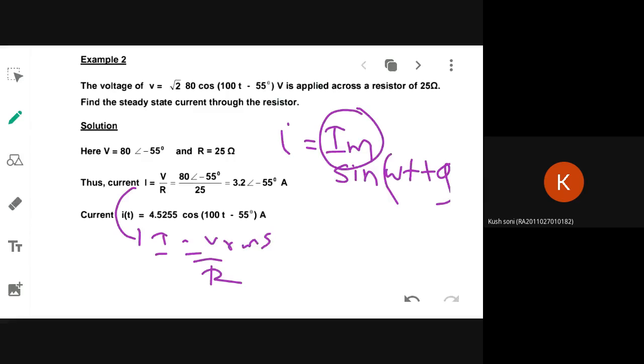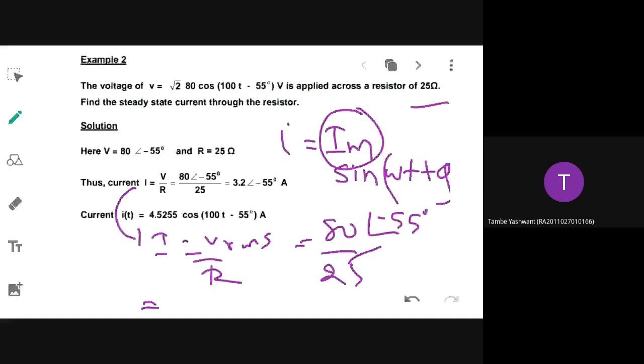This is my RMS value that I have determined. VRMS is 80 and the resistance value they have given is 25, and the angle is minus 55. So what is the answer for I? 80 divided by 25 is 3.2. Again this is my IRMS, but I want Im.